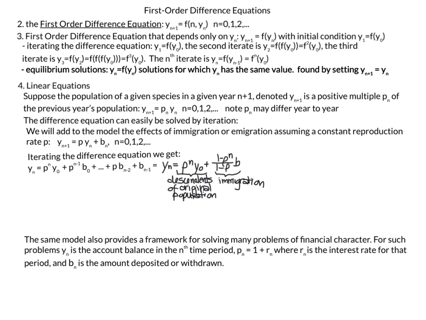A comment: we talked about this as a population of some species, and this was our solution. But this same model provides a framework for solving many problems of a financial character, because you can think of your population as a population of money. For such problems, y_n is the account balance of the nth time period, rho_n is equal to 1 plus r_n, where r_n is the interest rate for that period, and b_n is the amount deposited or withdrawn.